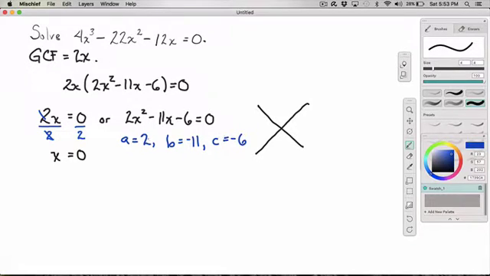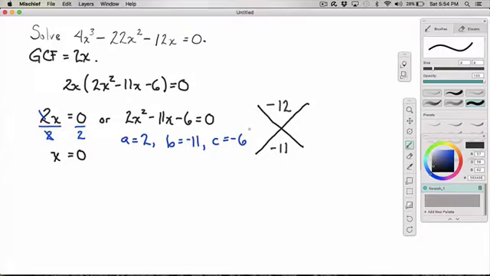So in the top spot, I take a times c, or 2 times negative 6. So in the top position here, I'll have negative 12. In the bottom position, I put the b value, that's negative 11. So I need two numbers that will multiply to negative 12 and add to negative 11.